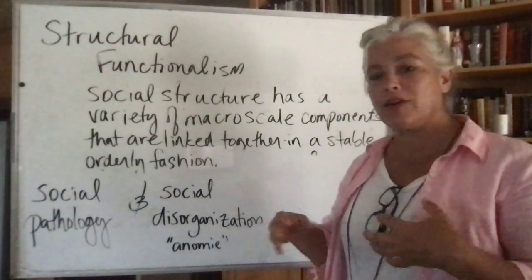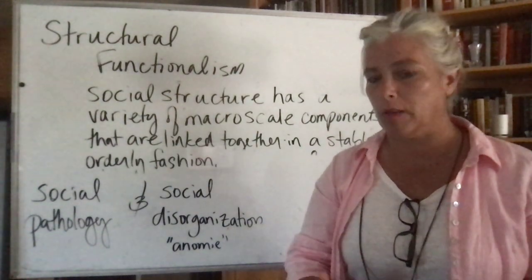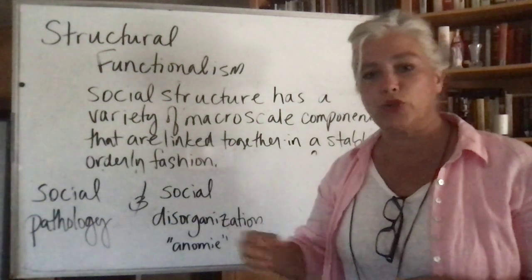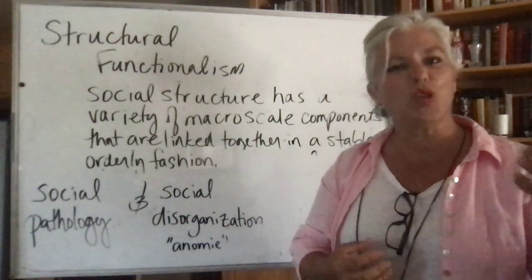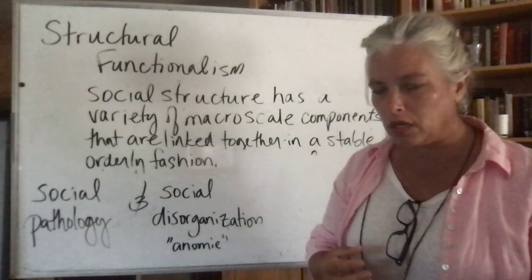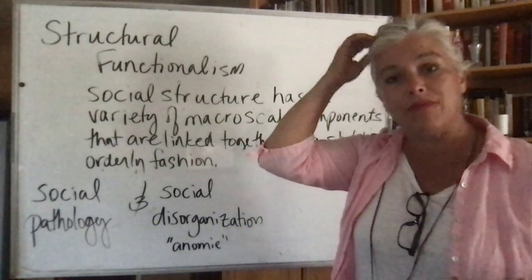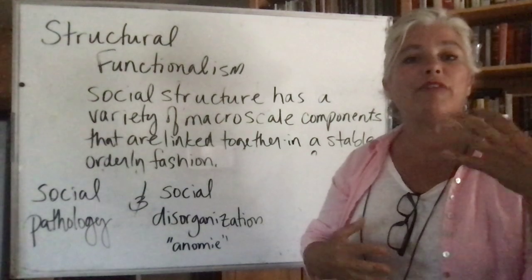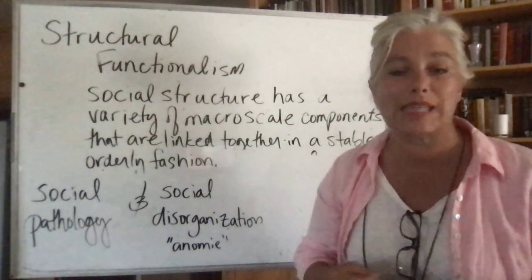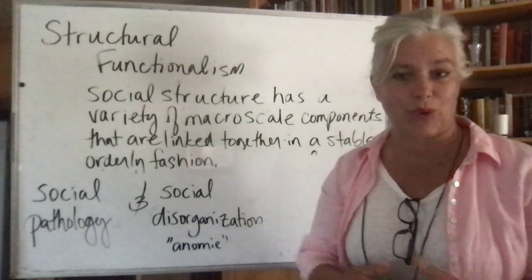And so if there is a perceived social problem that is coming from the structural level, if you take a social pathology point of view, you will look at it as a sickness, something that has gone wrong over time or maybe even abruptly and needs to be fixed so that everything can get back stable again. And we even use that word stable in the medical field, right?